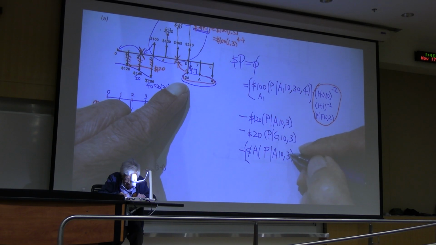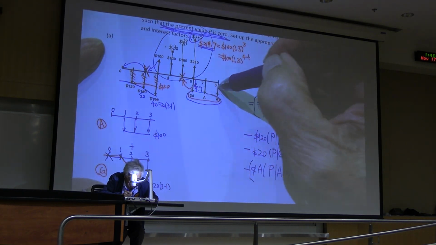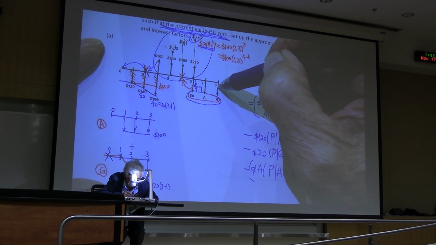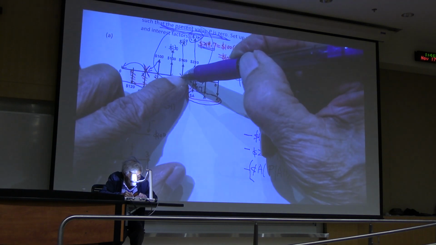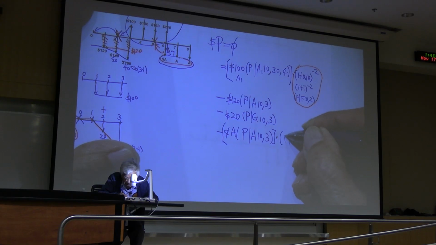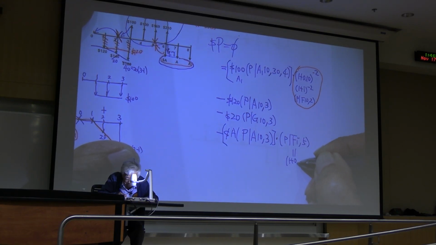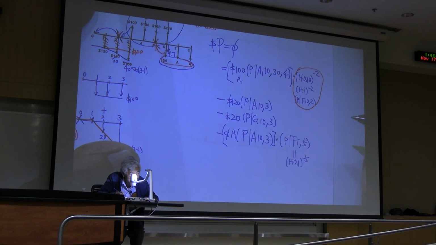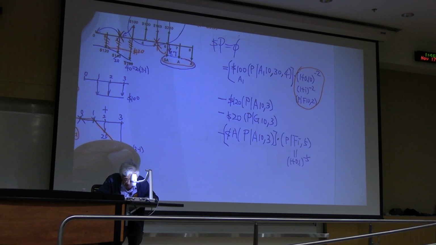Not done yet. Those 3 give the present value at interest period 5. You need to move that back to 0. So, F to P, 10, 5, or (1 plus 0.1) to the minus 5. This equals 0. What is the next step?